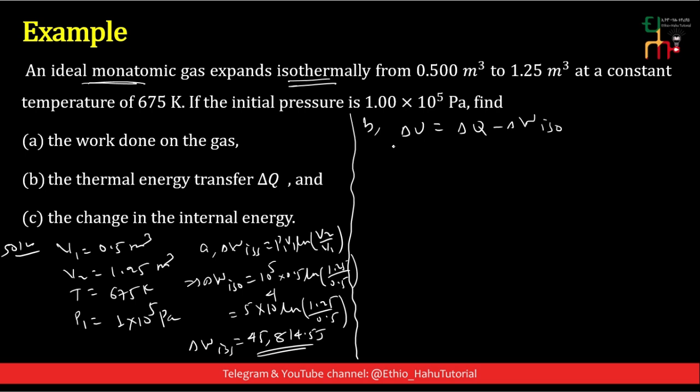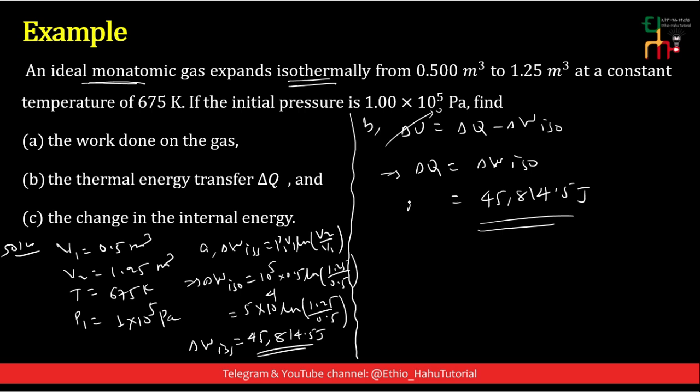Hence delta Q is equal to, when we bring this to this side, positive delta W isothermal. From the sign convention, if work is done by the system, or expansion work, delta W is positive. Therefore, we use it as it is, positive 45,814.5 Joule. This is the amount of heat added to the system. C, the change in internal energy, is equal to 0.